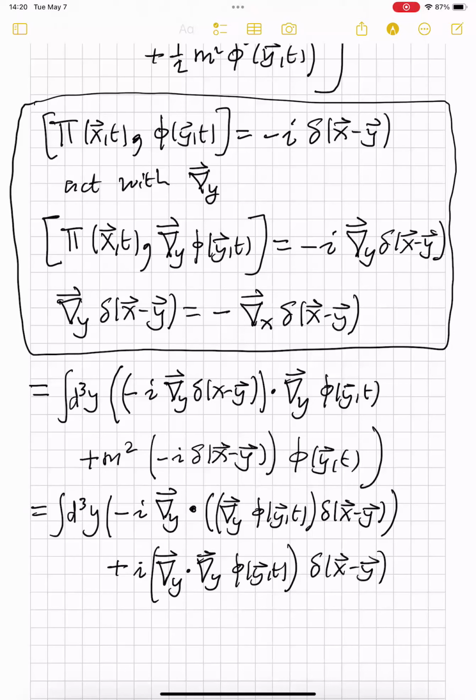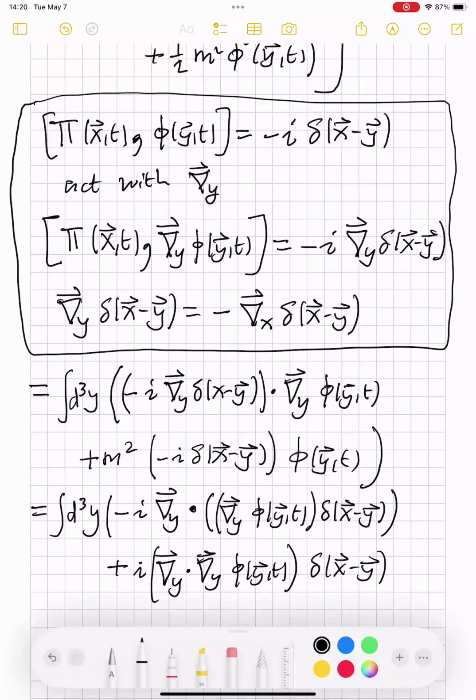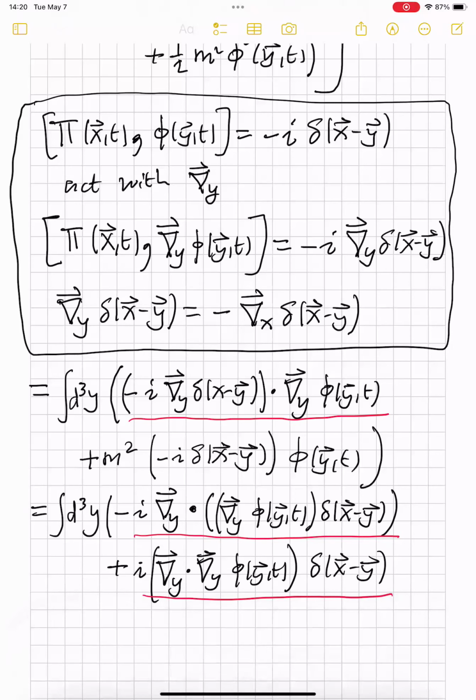Okay, so let's just talk about this quickly. This term on the previous line is equal to the sum of these two terms that I've just written down. Okay, so let's see why that's the case. Well, look at the first term of the last line. When nabla acts, it can act on two things by the usual product rule for derivatives. It can act on the delta function, and then it gives you the contribution from the line before.